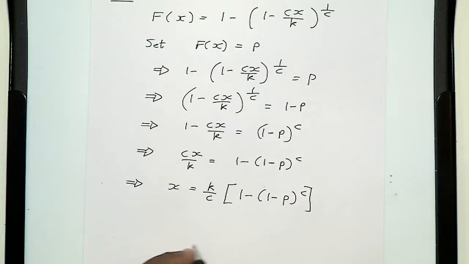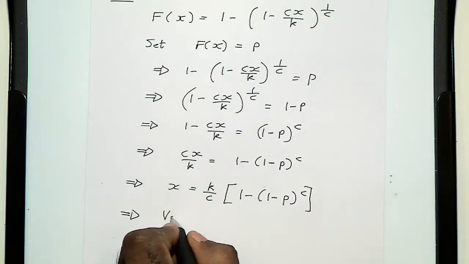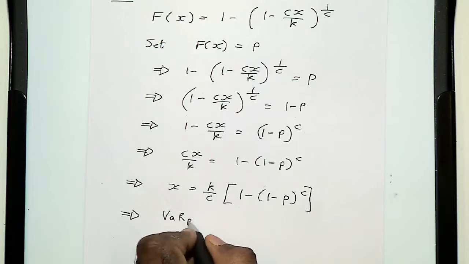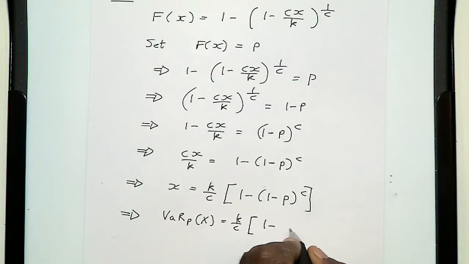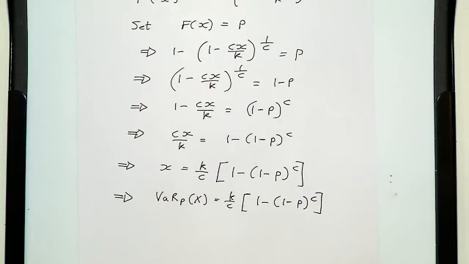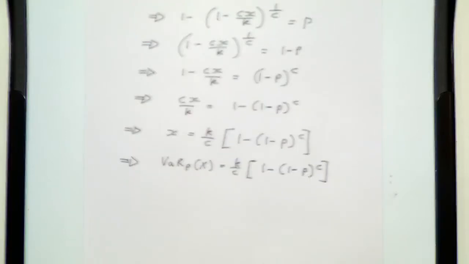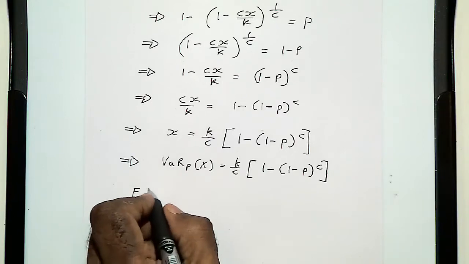All right, so this is the formula for value at risk. Correct me if I'm wrong. Hope it is correct. Okay, now to find the expected shortfall.